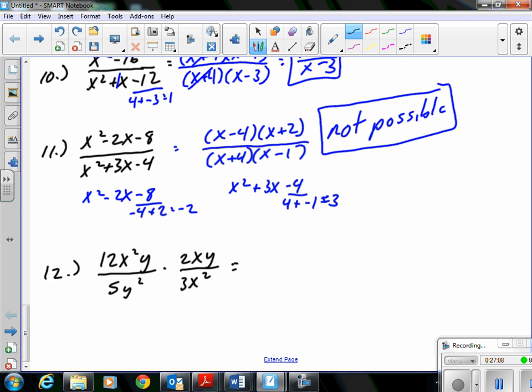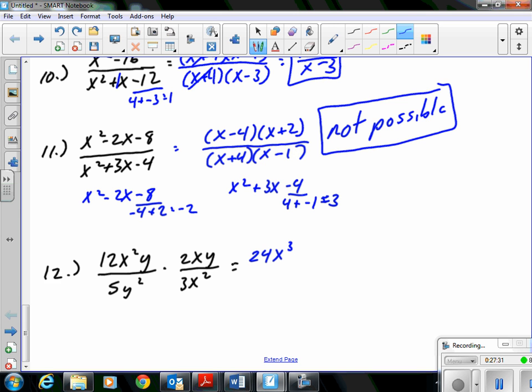So I can go ahead and multiply straight across on this because it's just one term top and bottom on both of them. So 12 times 2 on the top, it's going to give me 24. X squared times x is going to be x to the third, adding the exponents.